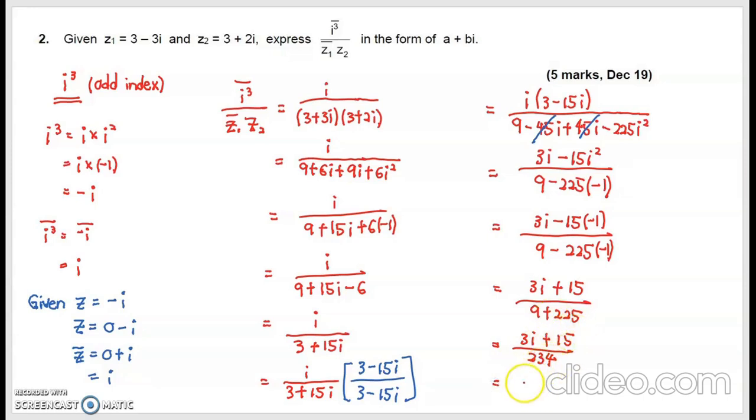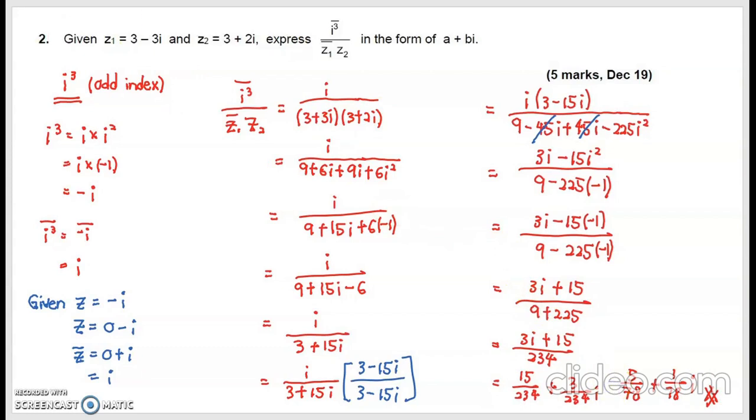For the constant, we put in front 15 over 234, plus 3 over 234i. When I try to simplify, you can use your calculator by typing in 15 over 234. Here it is 5 over 78, plus 3 over 234 will be 1 over 78i. So here is the standard form.